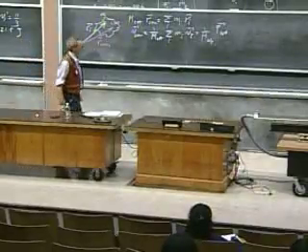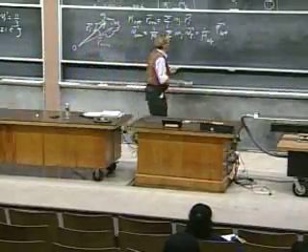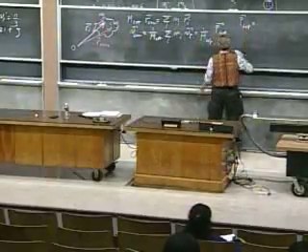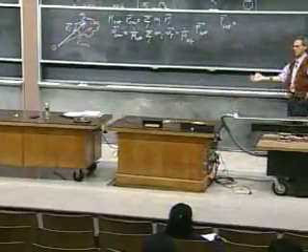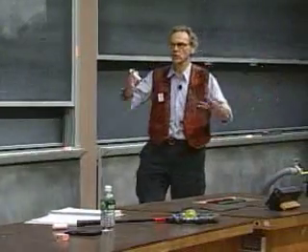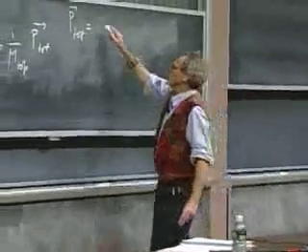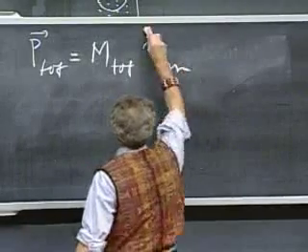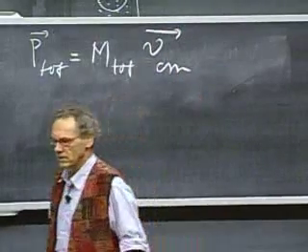And so now you come to another very important statement in physics, and that is that the total momentum of an object, which could be a hammer, which could be a squash racket, is the total mass of that object times the velocity of the center of mass.